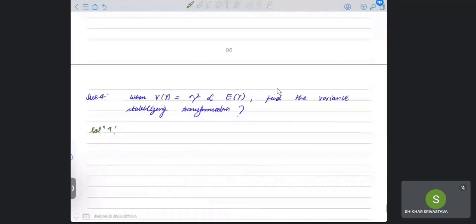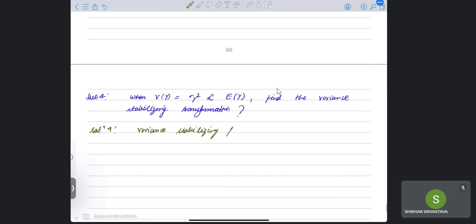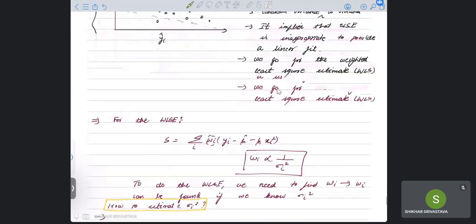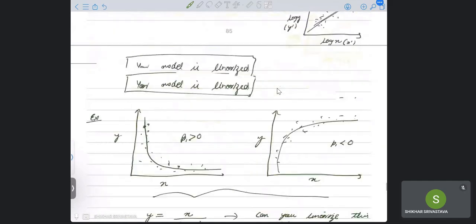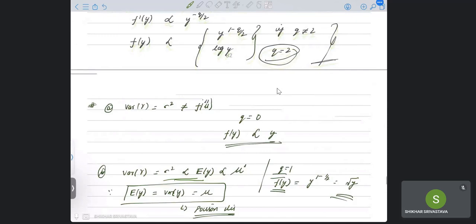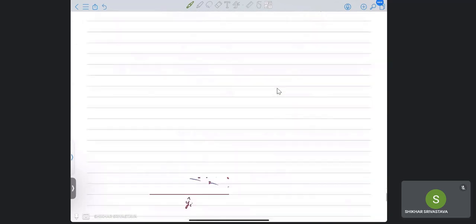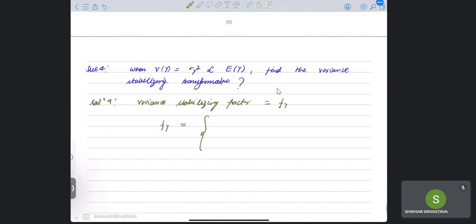The variance stabilizing factor is given by Fy, and Fy is equal to y to the power 1 minus q by 2 for q not equal to 2, and log of y for q equal to 2. So this you can remember for solving questions.